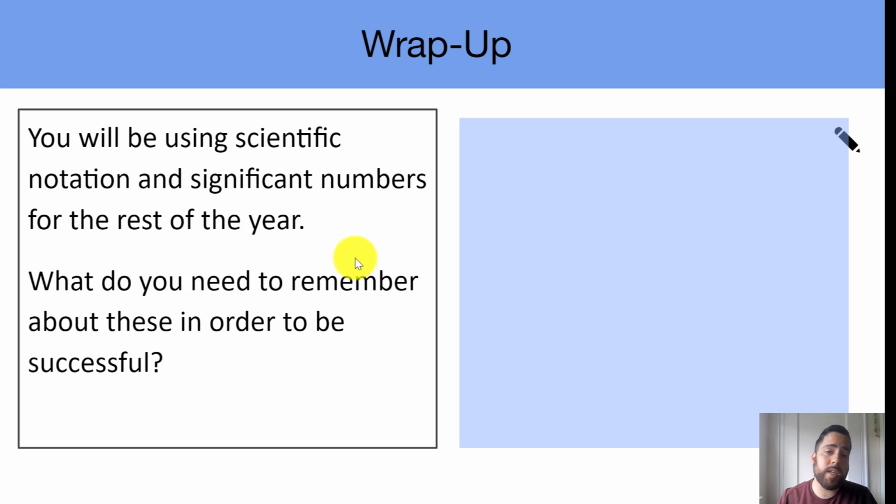So scientific notation, significant figures, really important, along with conversions that we did, right? So make sure that you're always putting units, checking your answer for correct units, for correct scientific notation, and significant figures. So what do you need to remember about these in order to be successful for the rest of the school year? Let's go ahead and answer that.